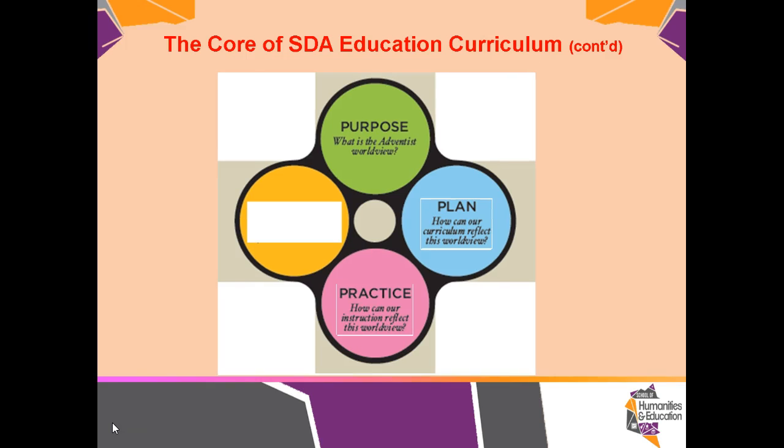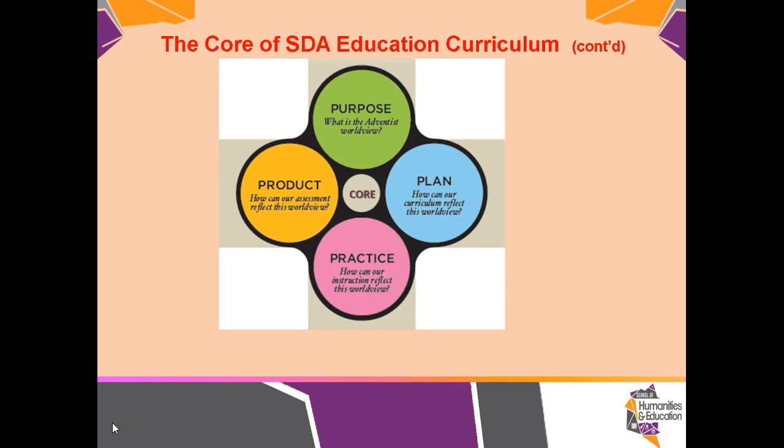The other P is practice. How can our instruction reflect this worldview? And finally, how can our assessment, the product, reflect this worldview? So we realize that all those P's form the core which hinges directly on the SDA Christian worldview.